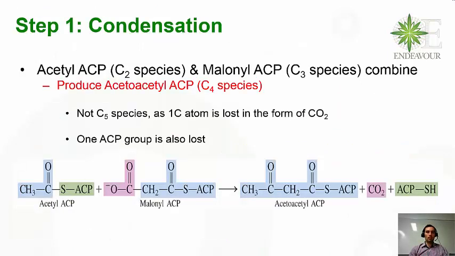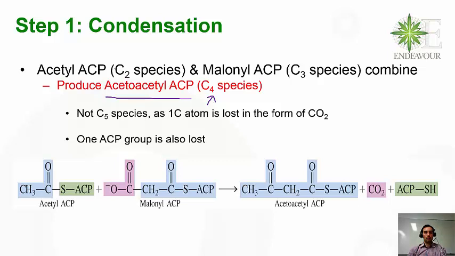So step 1 is the condensation, or combination, of the acetyl ACP and the malonyl ACP. We're getting those to combine to create the acetoacetyl ACP, which contains those 4 carbons.